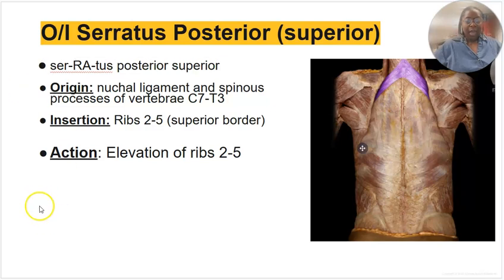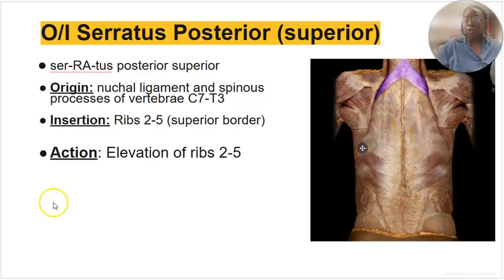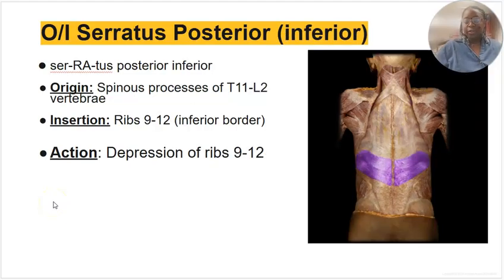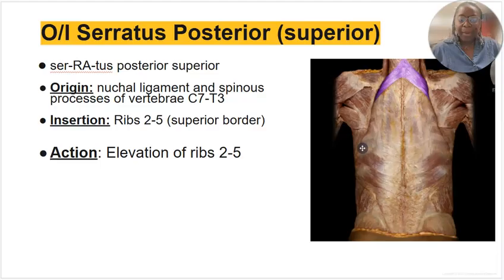All right, sweet. So now we have the serratus posterior, superior and inferior. Serratus posterior is a set with 2 muscle groups, so we'll cover the first one. Serratus posterior superior originates up at the nuchal ligament of the neck. Nuchal just means neck, like going all the way back to our anatomical terms.